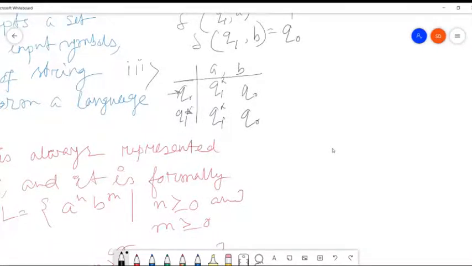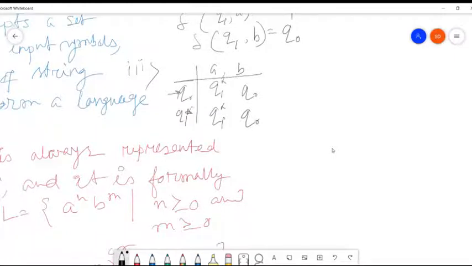Here the first column shows all the states. For the starting state we use an arrow, and for the final state we use a star. The input symbols form the first row of the table, and below each label we represent the transition upon taking that symbol.